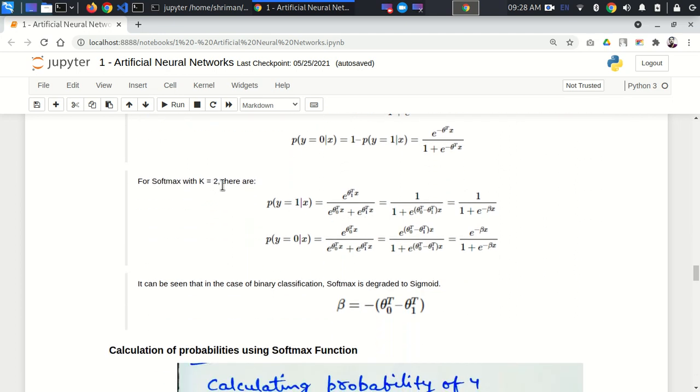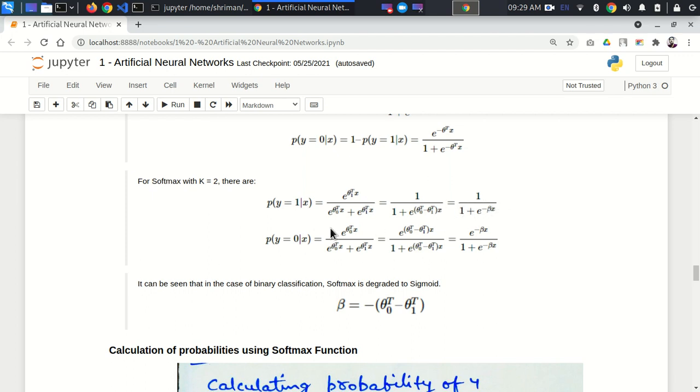Again, softmax with k equal to 2. When we use the softmax function for a binary class classification, softmax degrades to sigmoid. Here is the softmax function: we calculate this for one class, and here we add both of them, and after some calculations this degrades into a sigmoid function.